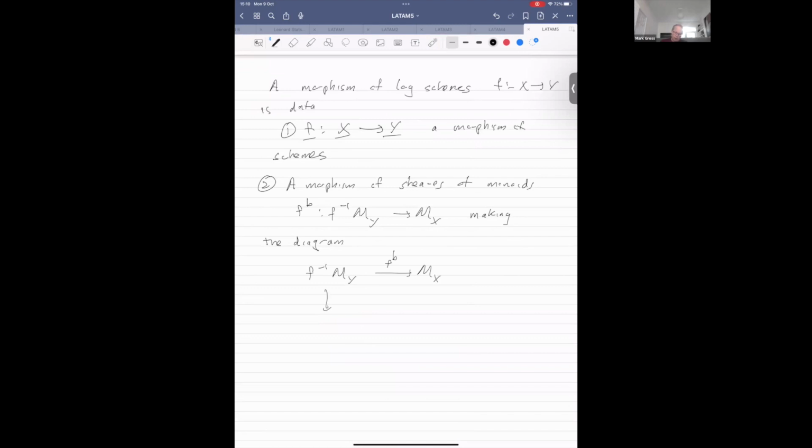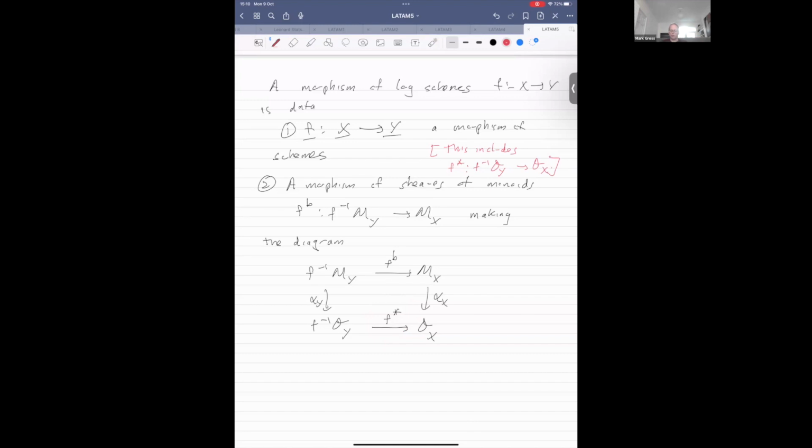Now we have the structure maps: alpha_Y takes f inverse M_Y to O_Y, and alpha_X takes M_X to O_X. And we similarly have down here the ordinary pullback of regular functions. This includes a map f star from f inverse O_Y to O_X.